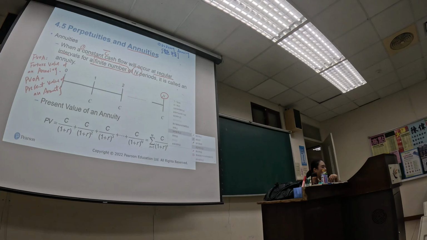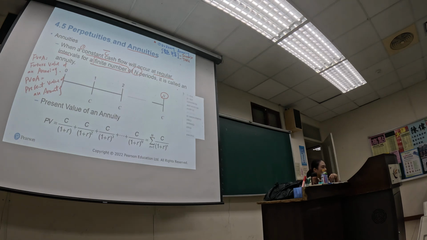Okay, all the formulas and the tables, the table you are checking, and the formula I'm going to demonstrate to you now, are all referring to ordinary annuity.